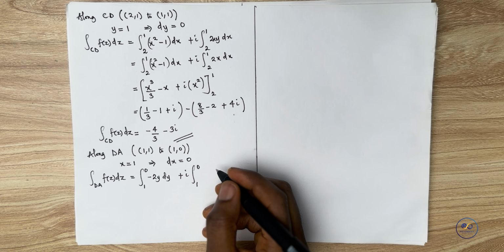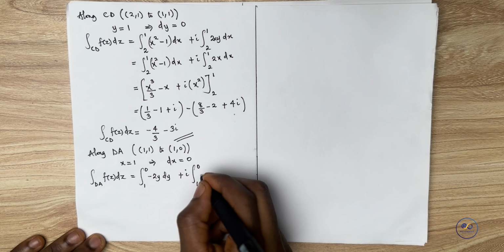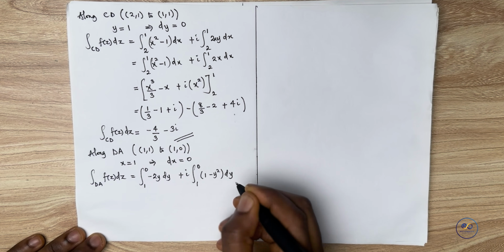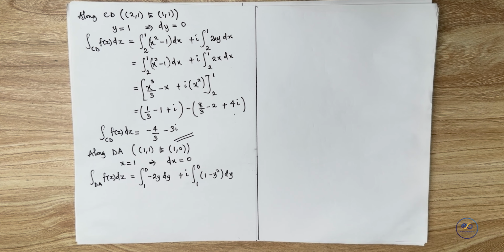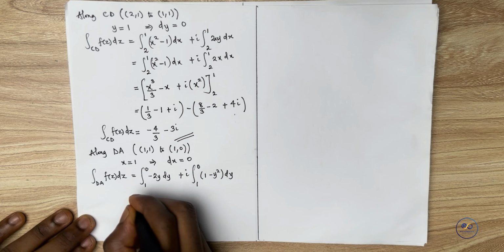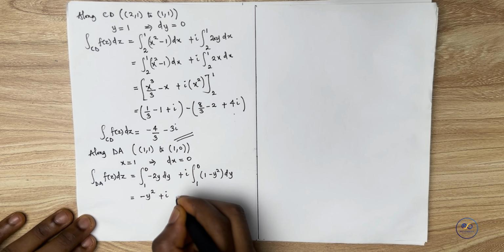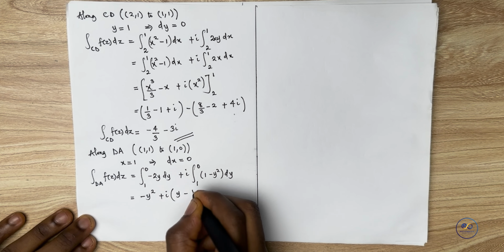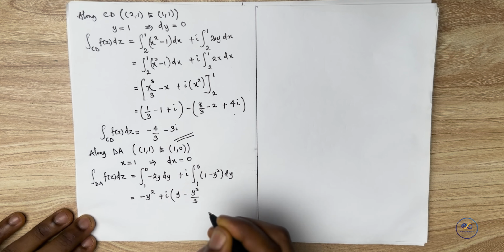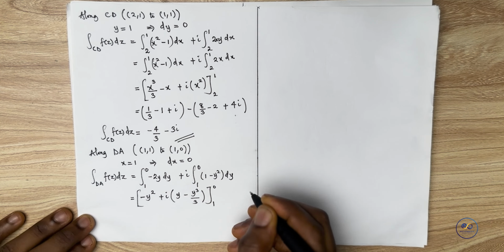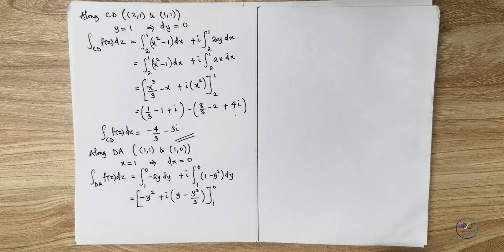Remember, the dx part goes away, so we are going to be left with 1 minus y squared dy. This is what we have. Now, if we integrate this simply, we are going to have minus y squared plus i times y minus y cubed over 3, all of which is evaluated from 1 to 0.